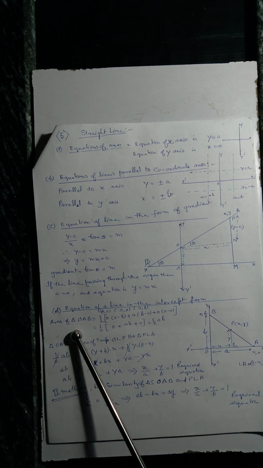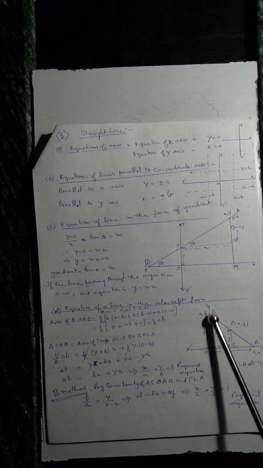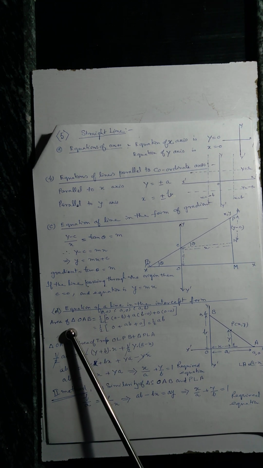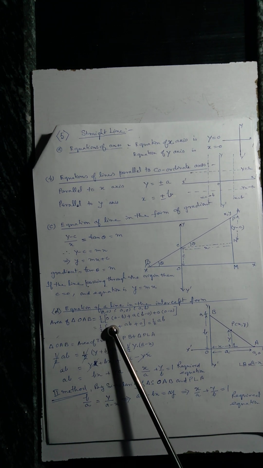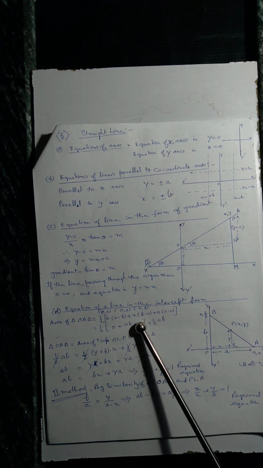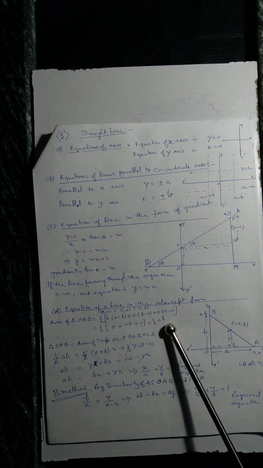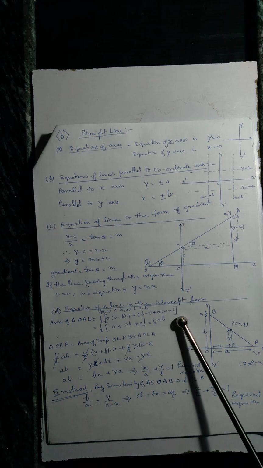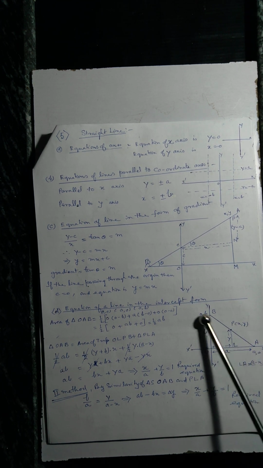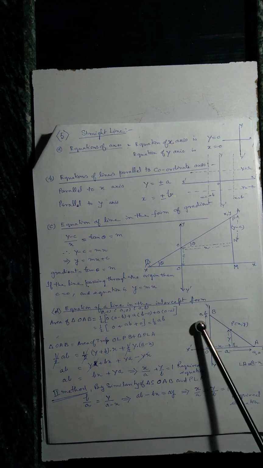Now the area of the triangle OAB, the bigger triangle, that will be equal to, just as you have learned the formula, 1 by 2 [0 into (0 minus b) plus a into (b minus 0) plus 0 into (0 minus 0)]. Because the coordinates of the vertices are given, this is the origin, so (0, 0), here (a, 0), here (0, b).